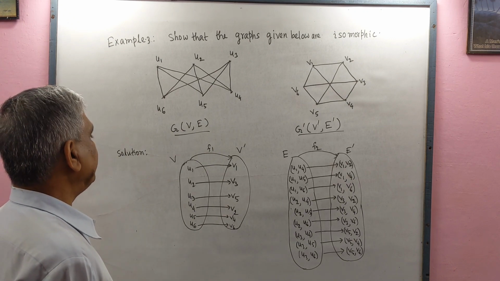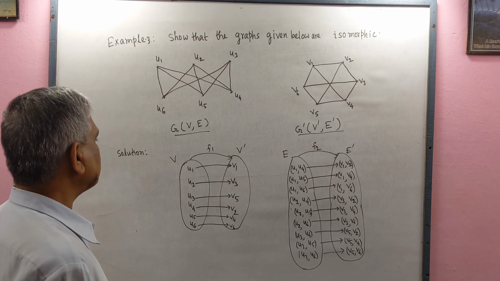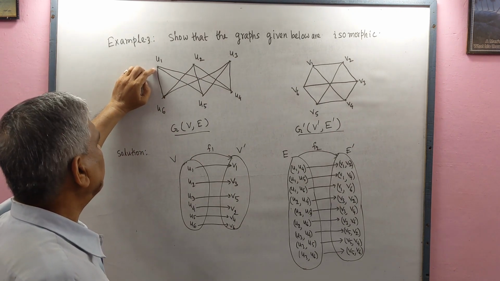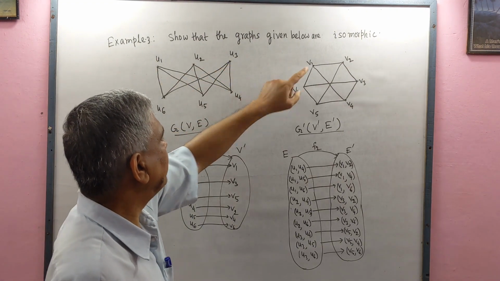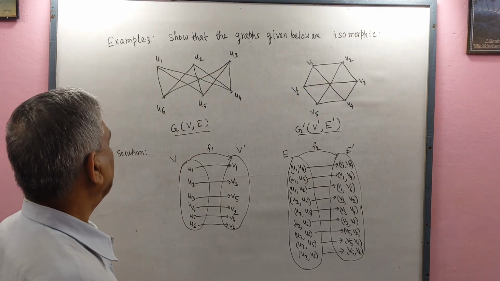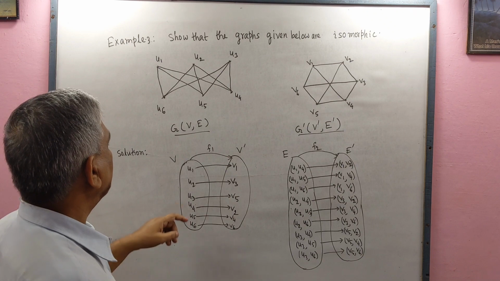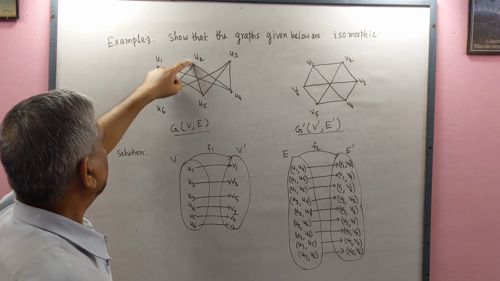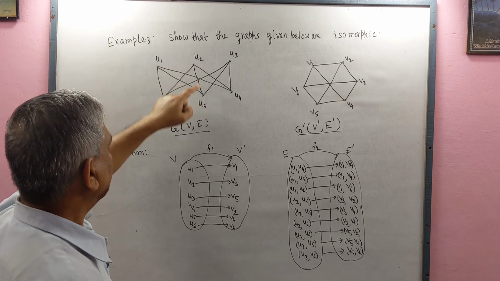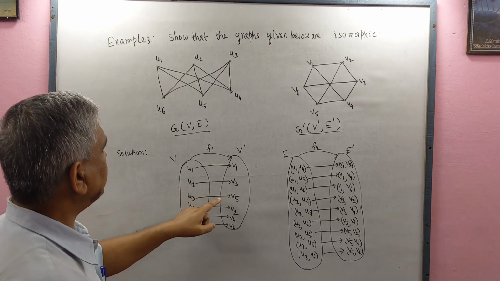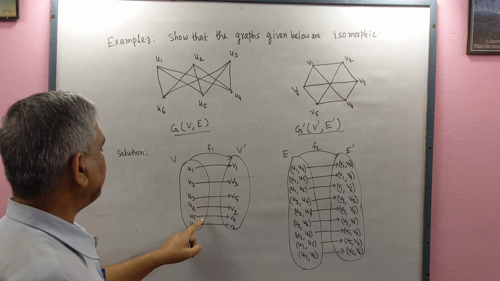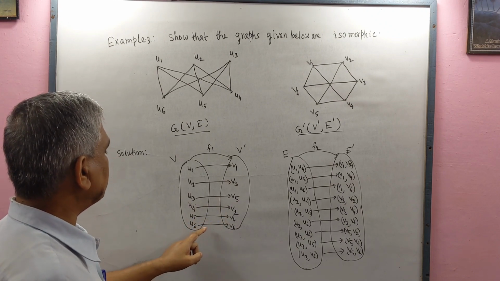So we may start from one vertex U1 of the first graph. U1 corresponds to V1, and then U2 corresponds to V3, U3 corresponds to V5, U4 corresponds to V2, U5 corresponds to V4, U6 corresponds to V6.